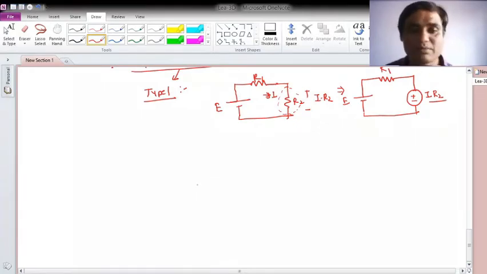So first, let us define the first Thevenin's theorem.